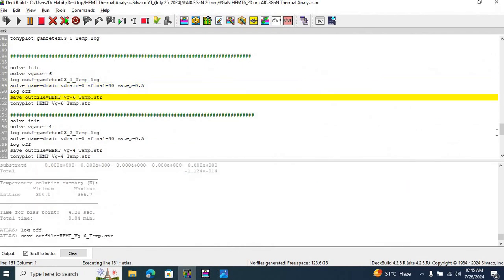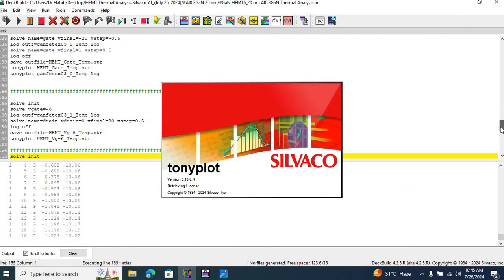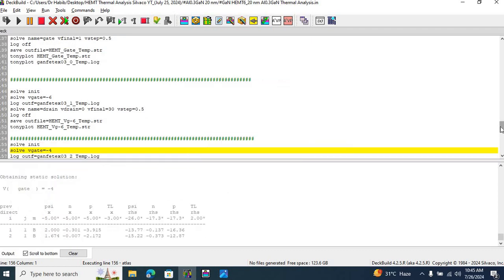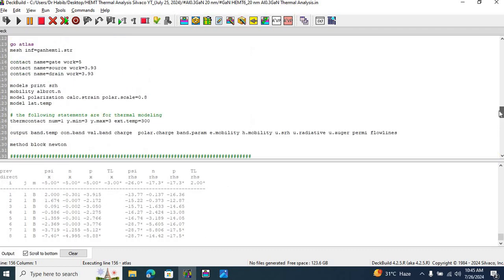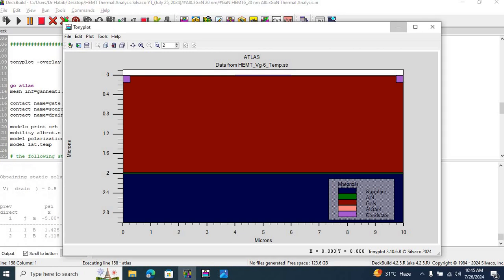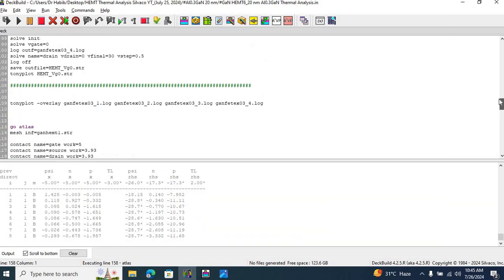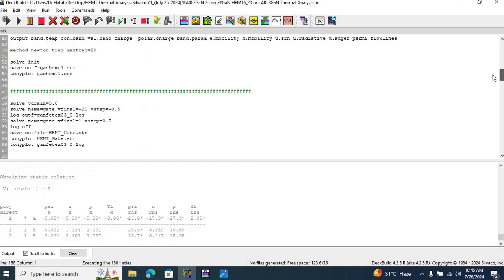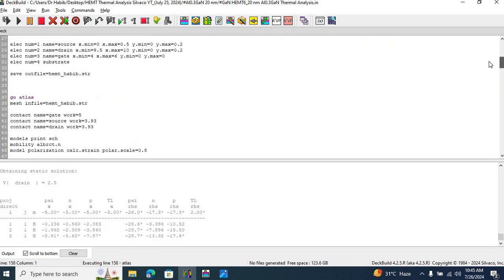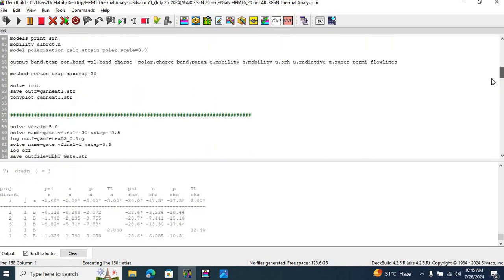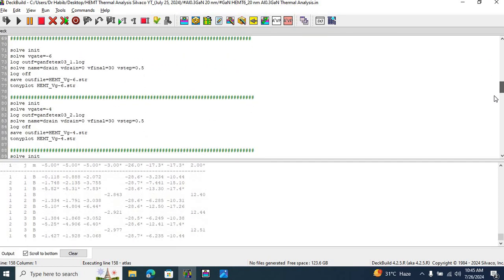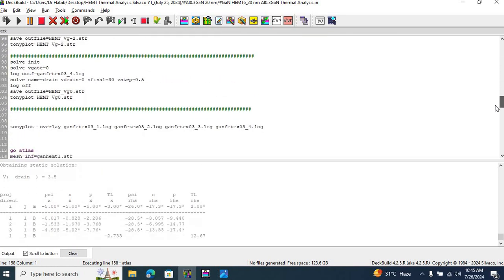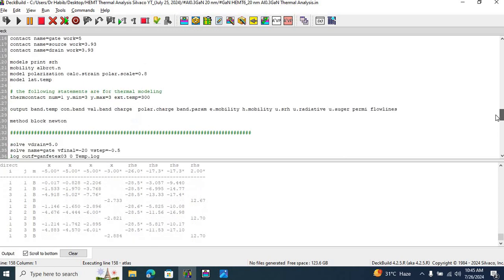One more thing that I might have forgotten that I want to tell you is that we are looking at the thermal analysis of the gallium nitride HEMT, but what is the temperature that we have applied to this HEMT structure?